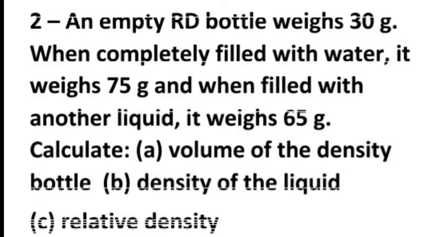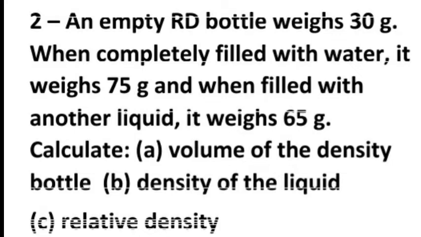So here first you have to find out the volume of the density bottle. So you know the mass of the empty bottle is 30 grams, and when it is completely filled with water, its mass is now 75 gram, and when it is filled with another liquid, its mass is 65 gram.